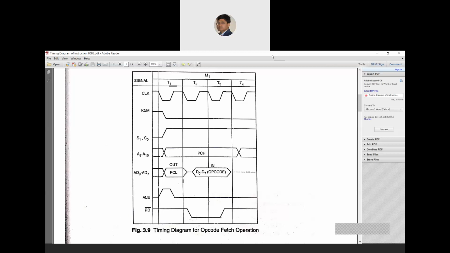What is your observation, just from this figure? One or two lines you can write me, so that from that point I will move forward. Write it down in the chat box.